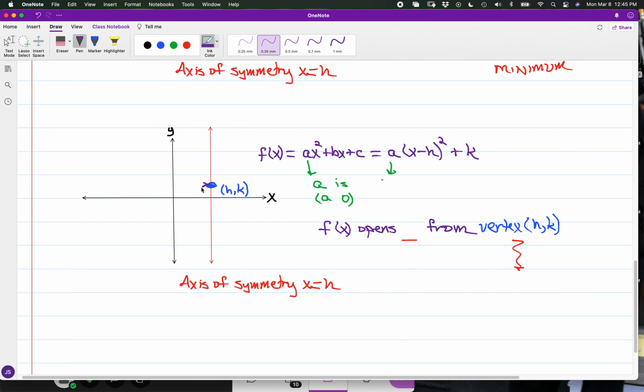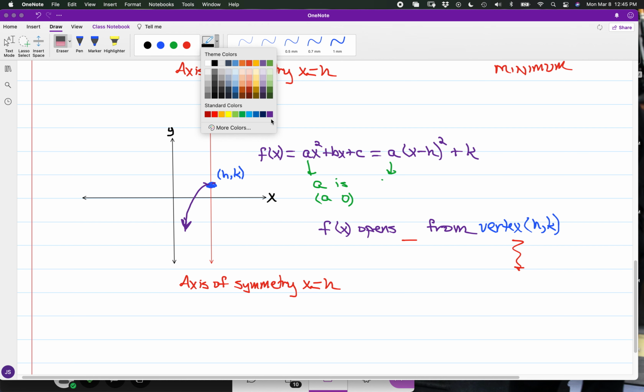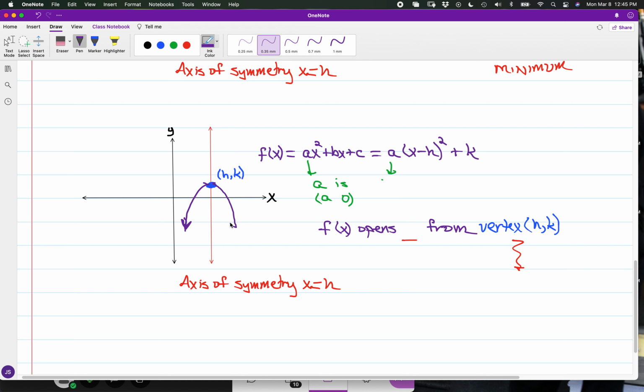And say if I just change the dynamic here, where instead of moving upward from the vertex, this is going to be moving downward.